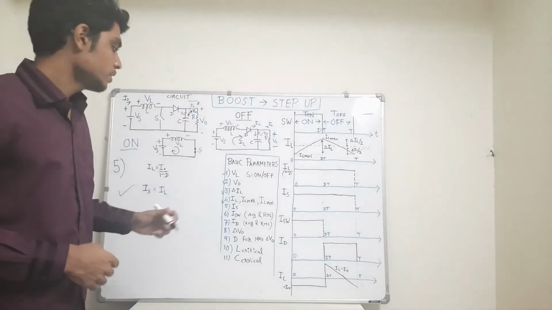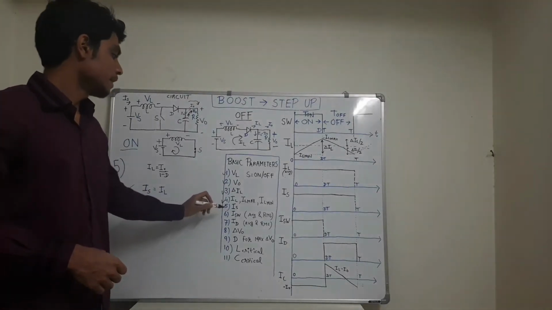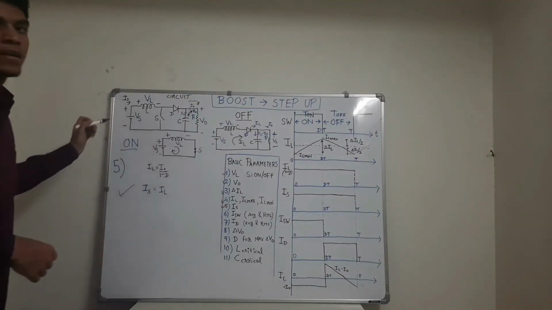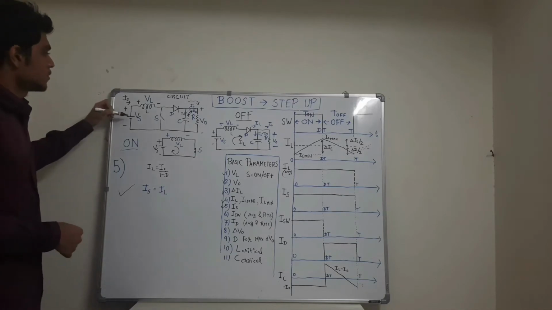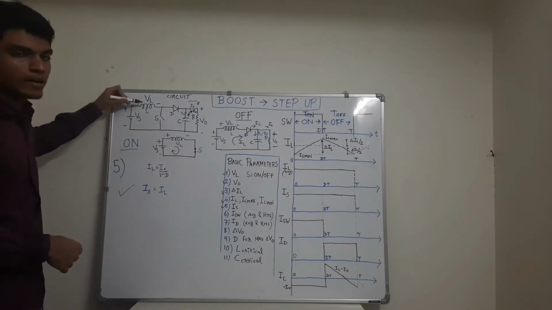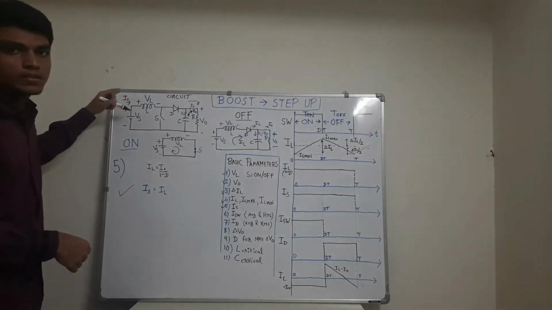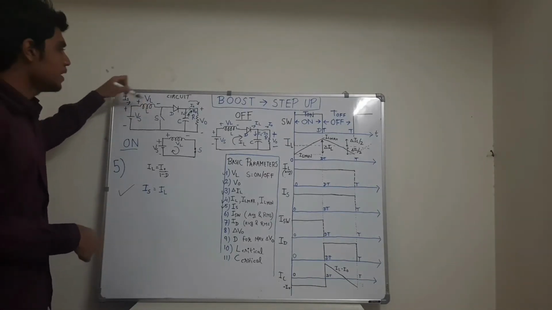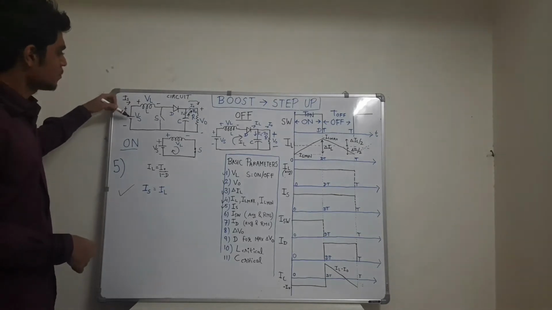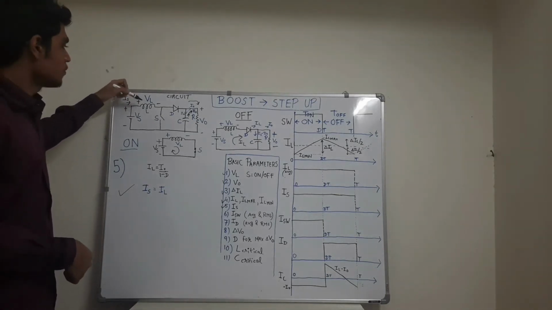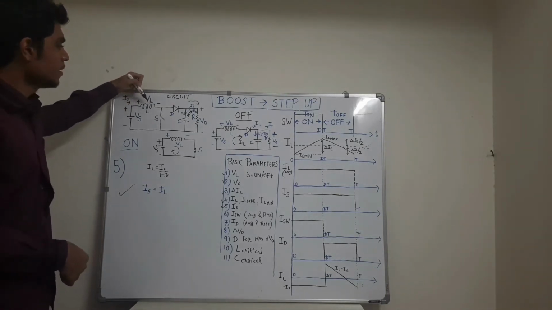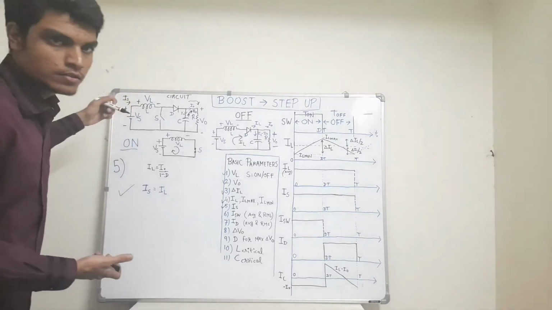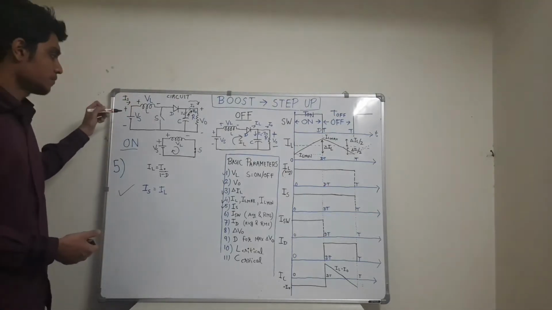So let's start with the fifth parameter, that is source current. Now we can see that this source and inductor are connected in series without any other switch or diode between them. So whatever source current is delivered is equal to the inductor current because of the series connection.